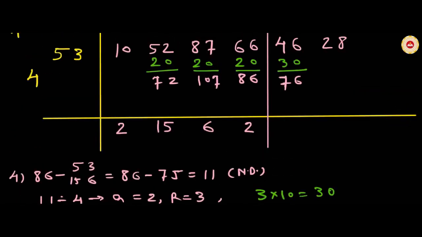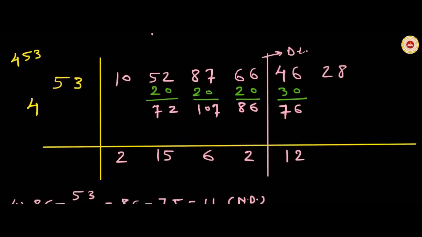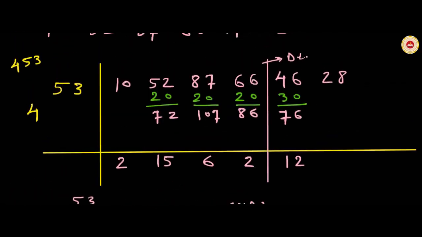So friends, write quotient 12 below gross dividend 76 and 0. No need to write 0, because if you multiply 0 by 10, it is still 0. Still, to avoid any confusion, let us write it here; it is 28 now.